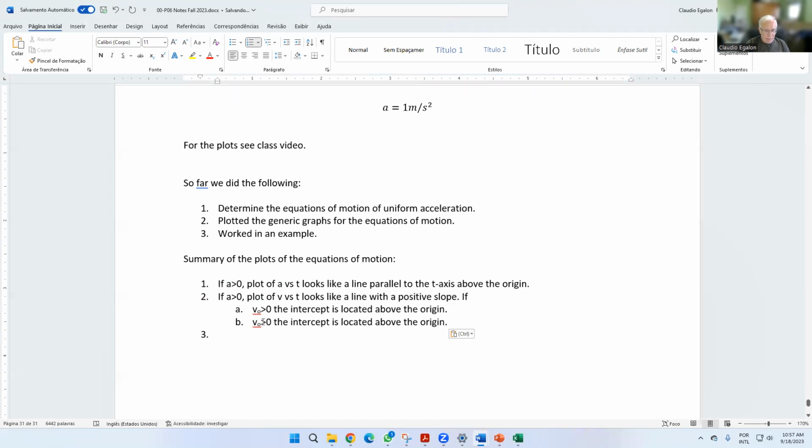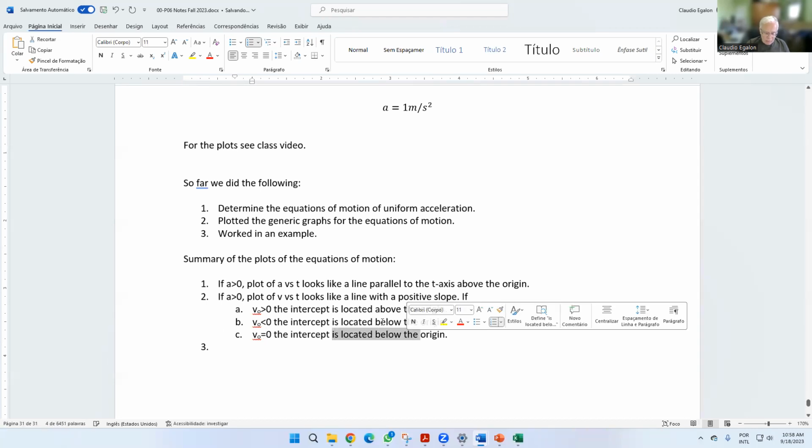If v naught is less than 0, the intercept is located below the origin. If v naught is equal to 0, the intercept passes through the origin, like that. Okay?